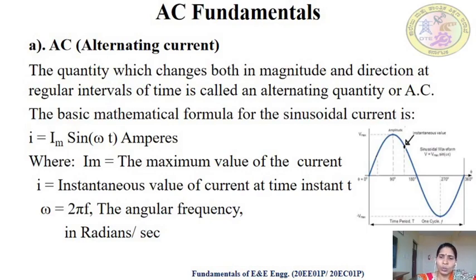Small i is the instantaneous value of current at time instant t. Omega is equal to 2 pi f, the angular frequency in radians per second. This is for alternating current.